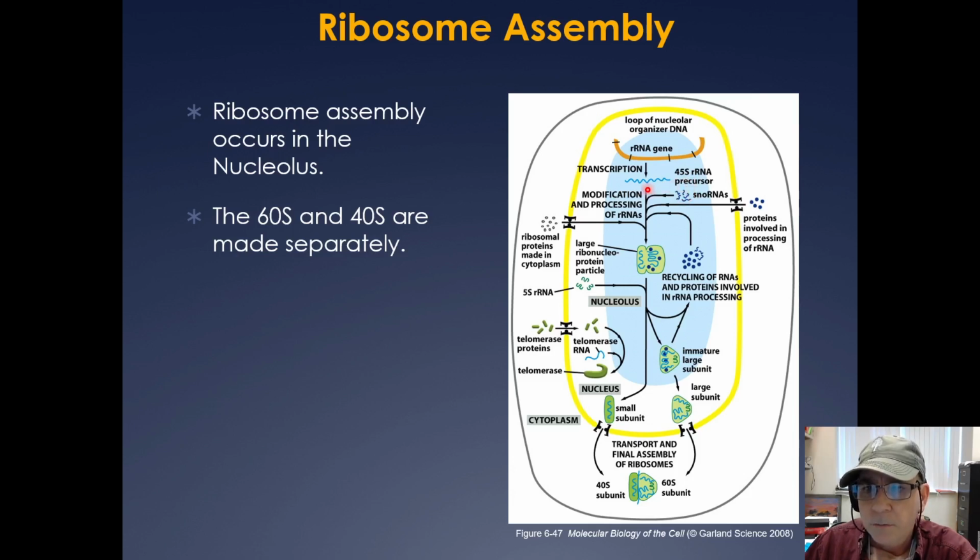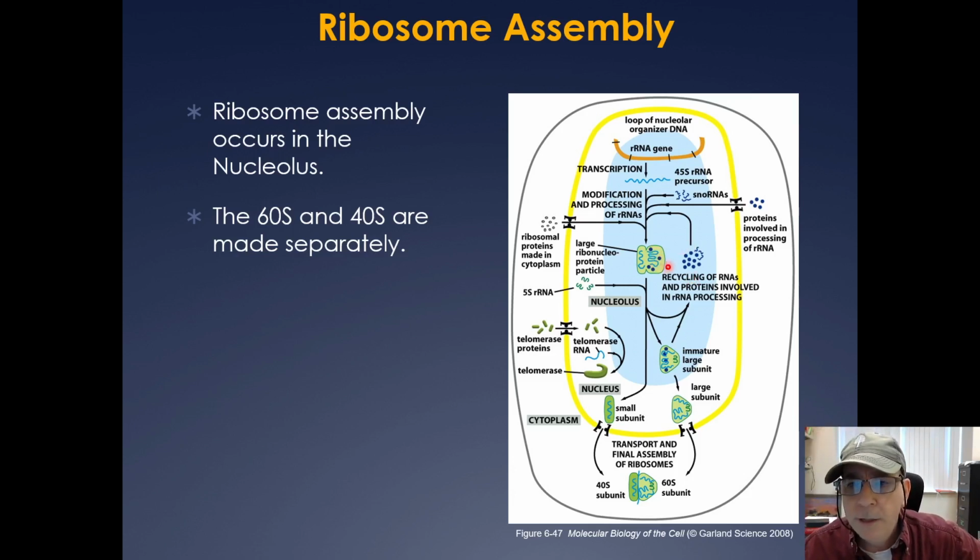Those get cleaved and then modified by the snoRNAs and snoRNPs, and then they get incorporated into the ribosome. Next term, when we look at the structure of the ribosome, you'll see that it's mainly RNA. There are a whole bunch of proteins associated with it, but by mass, it's mostly RNA.